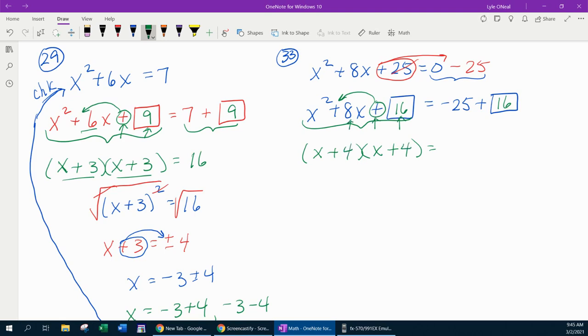Remember, those have to be identical if you completed the square correctly. x plus 4 times itself can be simplified to x plus 4 quantity squared. And on the other side, we do need to combine like terms. Negative 25 plus 16, that is negative 9.